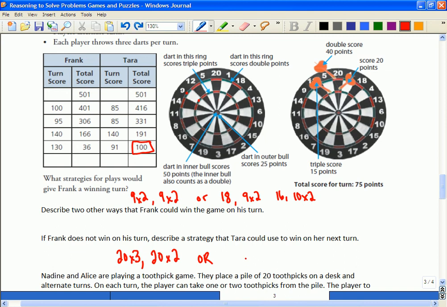So explain to me which bullseye, inner or outer? Inner, because then it counts as a double, then it's 100. Bam. Okay, so she misses. And then on her last turn, she ends up getting the inner bullseye. So that'll be 50 times 2.